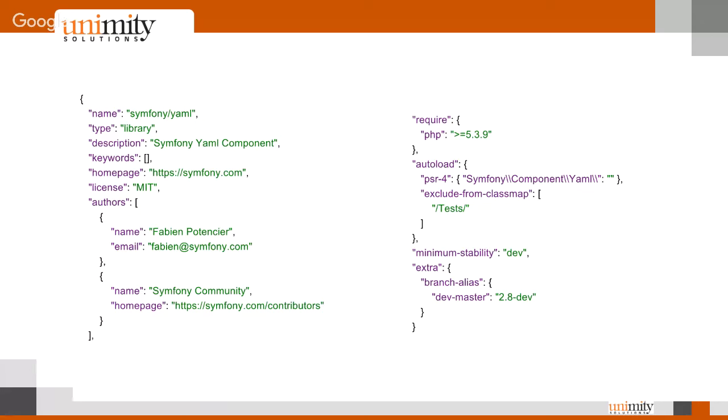Each library has a name, the type of library, where to download it from and the source, any license information, home page, a description about that library, and the minimum requirements needed to run this library. This information is provided in the composer file.